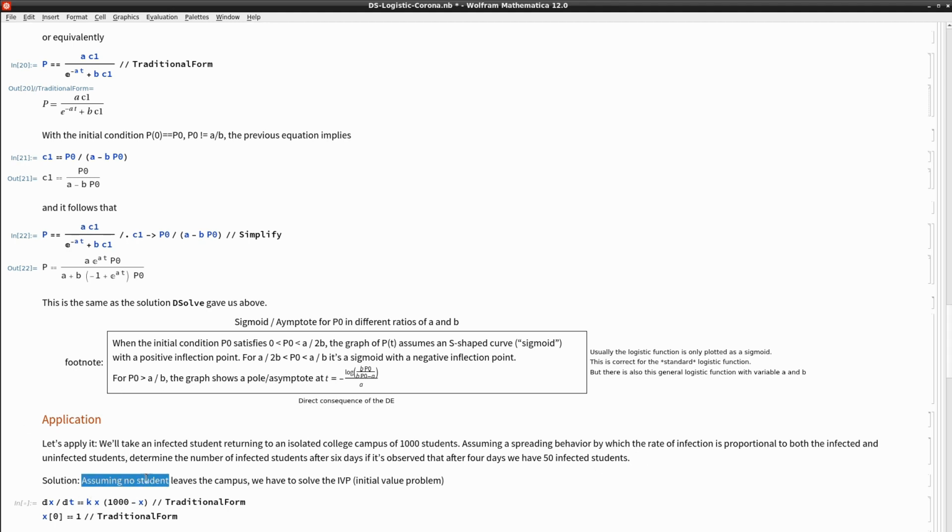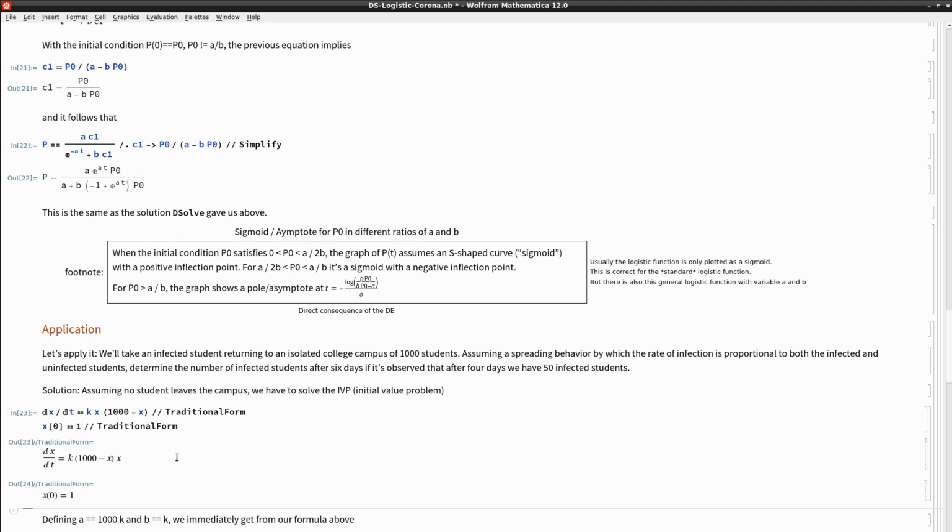And the solution is as follows. If we assume that no student leaves the campus, then we have to solve the following initial value problem. We set up the equation as we had before, right? It's proportional to the number of infected students, but it's also proportional to the number of susceptible students multiplied with a constant factor of proportionality. And we have at time 0, we have 1 infected student.